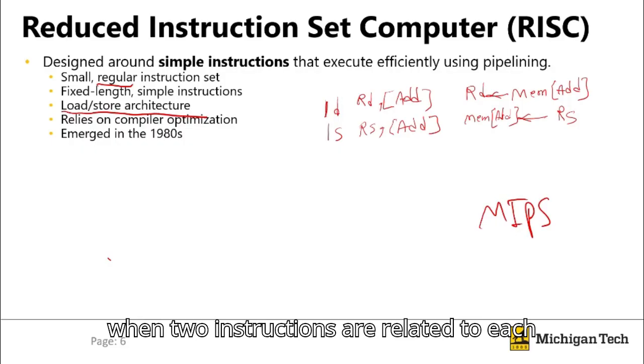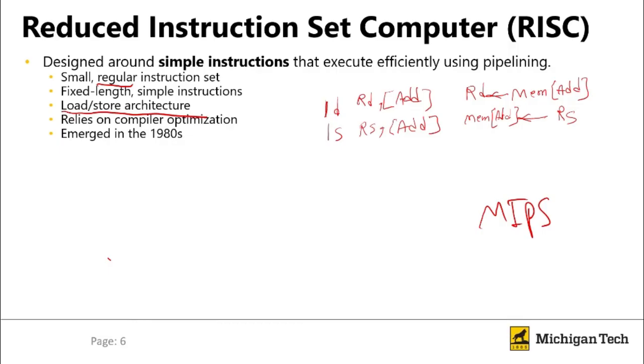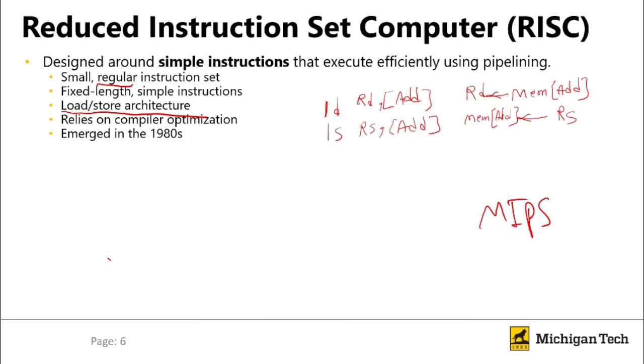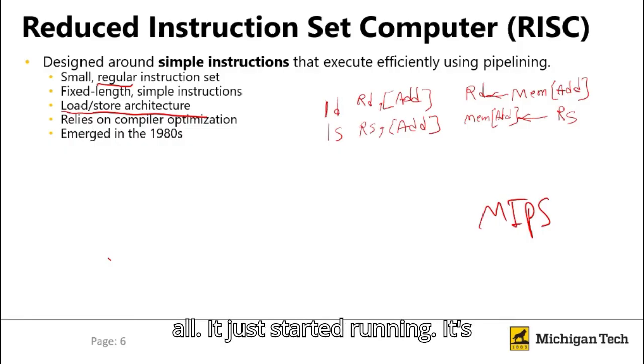When two instructions are related to each other, you can't put them in the pipeline. They make a problem. So in the first RISC computer, called MIPS, this computer didn't check hazards at all. It just starts running. It relies on the compiler. The compiler should fix it.